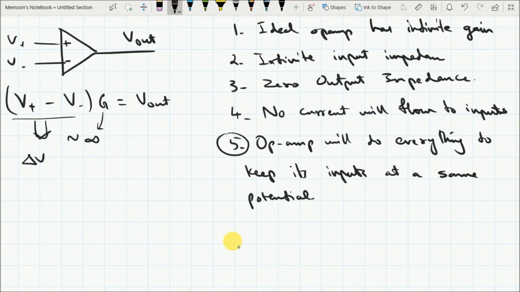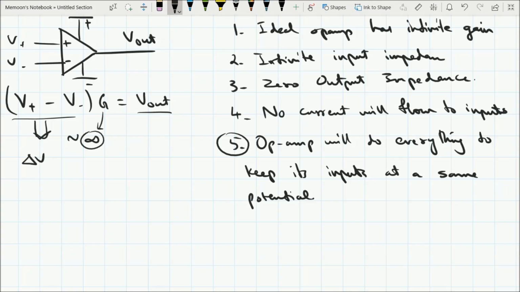Even a very minute difference between these two positive and negative inputs will result in an infinite output if it is multiplied by infinity. But the output cannot be infinite. So the output will saturate to the positive and negative supply voltages. Obviously, it cannot go beyond that. It cannot produce its own energy or its own voltage.